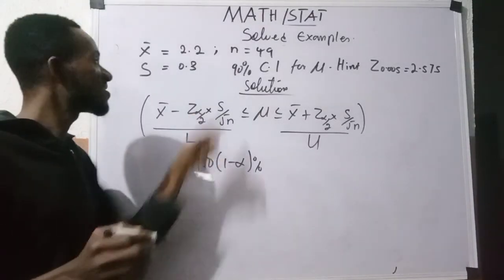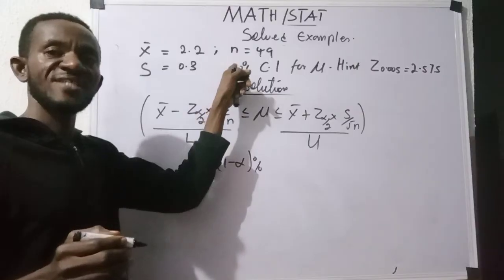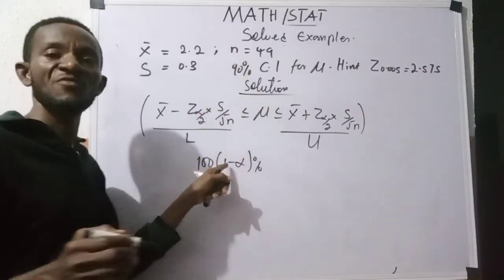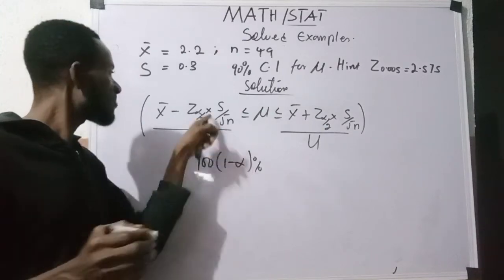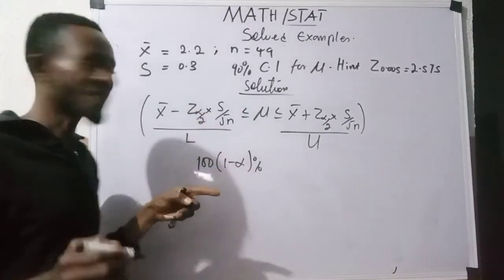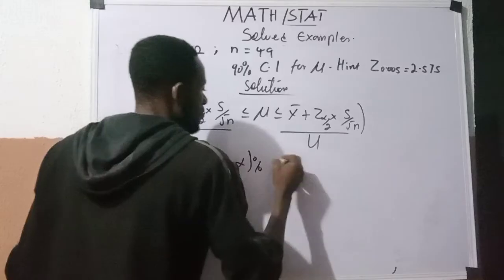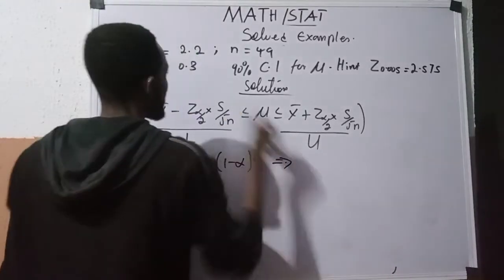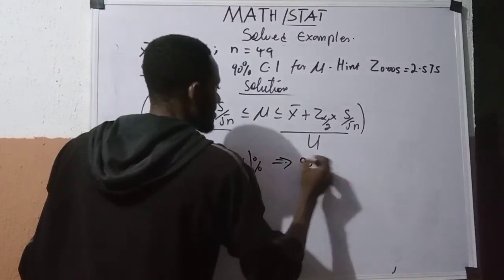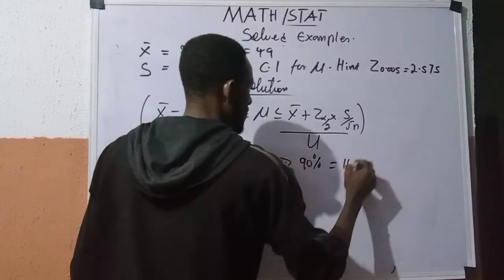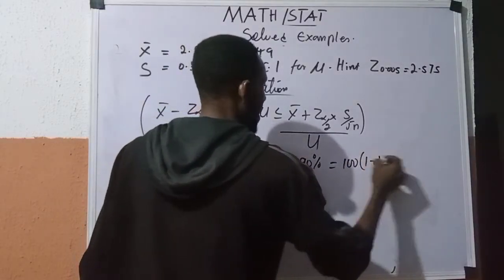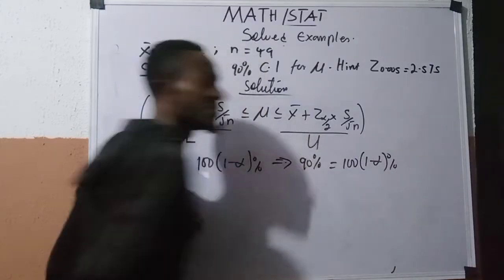So what you do is equate the confidence level given to you to the confidence level which you know connects the alpha, to enable you find the value of alpha. And this implies that 90% is now equal to 100 into 1 minus alpha, all in percent.